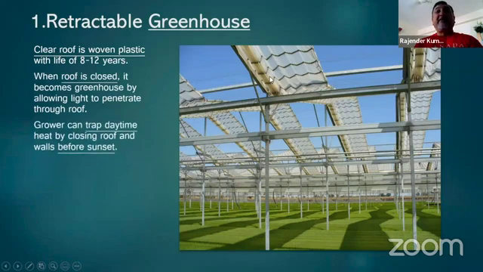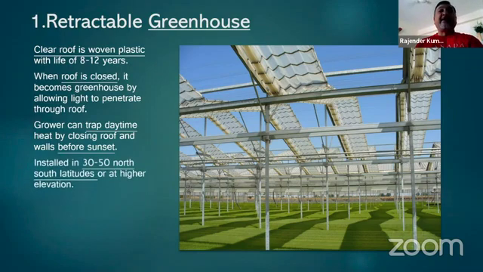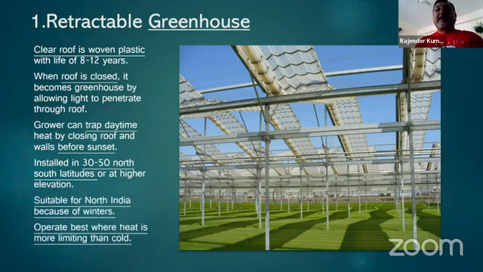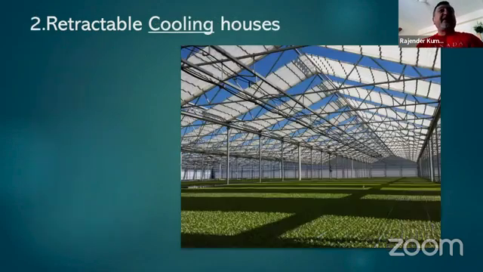When we close this roof, because it is a transparent material, more light is trapped inside, or it may increase the temperature. So it's good for winter or higher elevation. Normally these structures are installed at 30 to 50 north south latitude or higher elevation. So they are suitable for northern winter.